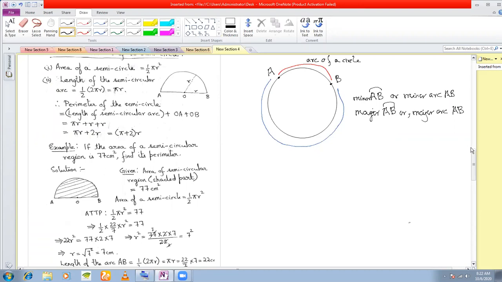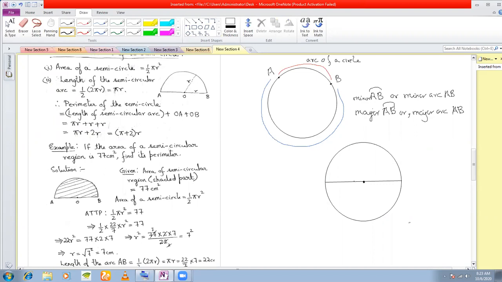Now, coming back to the definition of a semicircle, if I take only half the arc of a circle, this is your center, and this is your diameter.